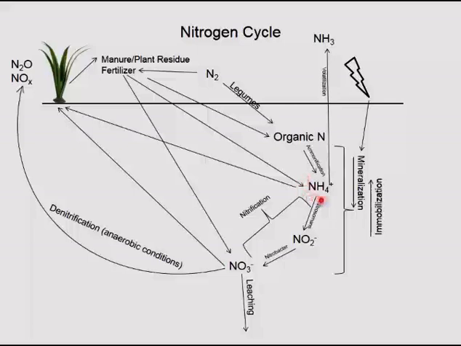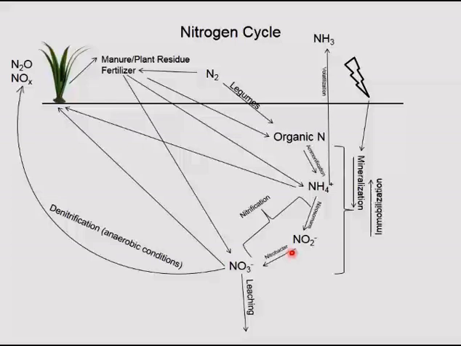Most of our soils around in our state are fairly warm, they're well aerated, they're fairly moist, and these conditions favor this process right here that we call nitrification. Nitrification is a two-step process, and again, this is done by soil microorganisms, where ammonium is first converted into nitrite by these little bugs called Nitrosomonas, and then from nitrite to nitrate by a group of organisms called Nitrobacter.